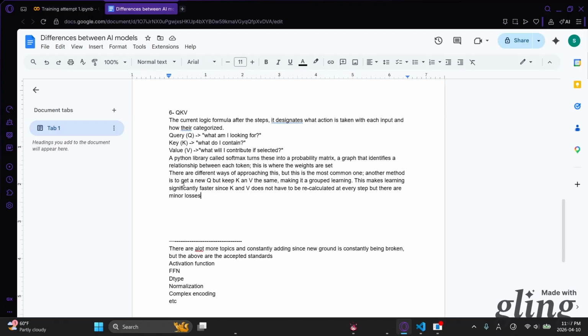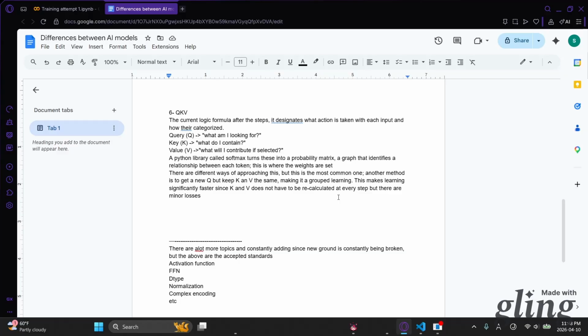For example, something I've personally only recently heard of, and haven't implemented in my AI, is the grouping method, where you keep K and V the same, but you get a new Q. From what I've heard in the communities, this isn't entirely great for learning, but it does make it significantly faster and cheaper because K and V do not have to be recalculated at every step and are just cached. Not recalculating every time does lead to some minor losses, but overall, the consensus is this is the superior version.